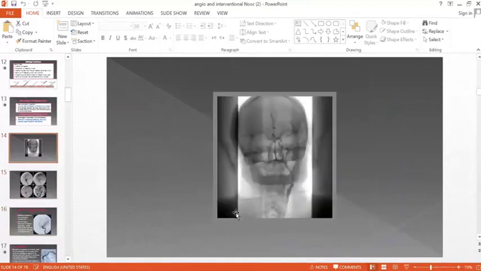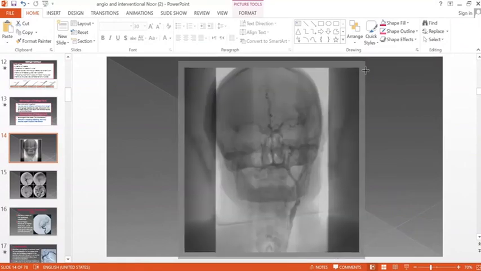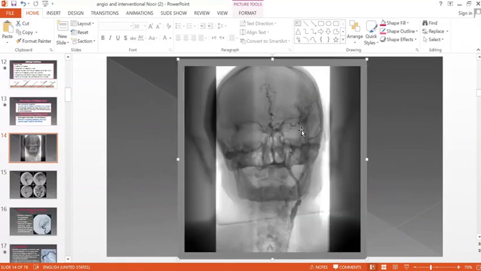What do you mean by digital subtraction? If you give contrast and opacify the vessel, and then you obtain the X-ray, this is what angiography is about. You opacify the vessels with iodinated contrast medium, and then you obtain an X-ray of the vessels. You will have an overlap of the bones and soft tissue markings on your vessels.